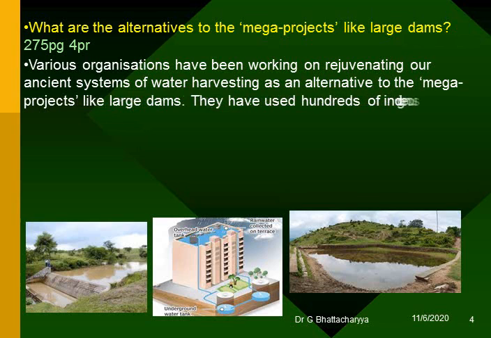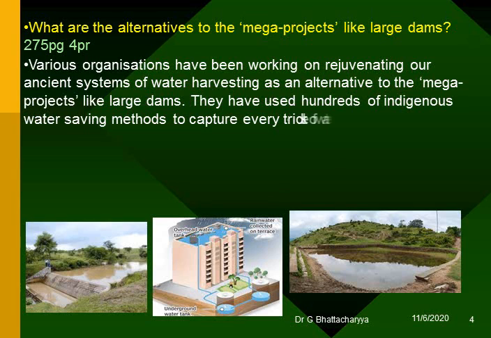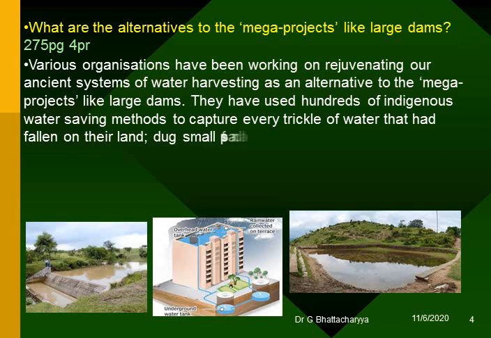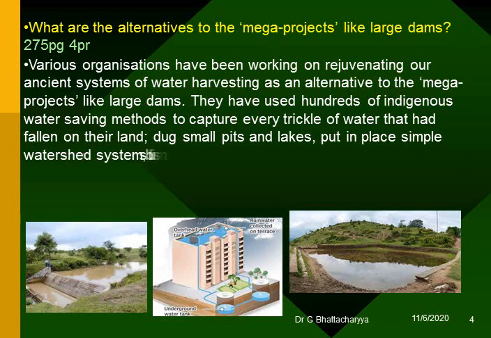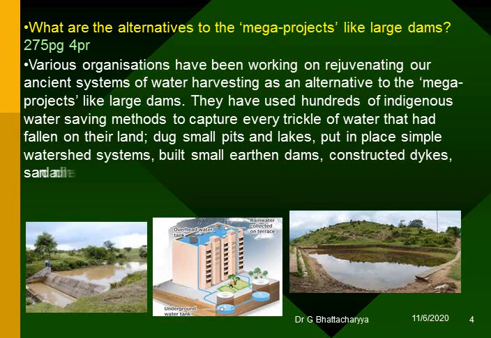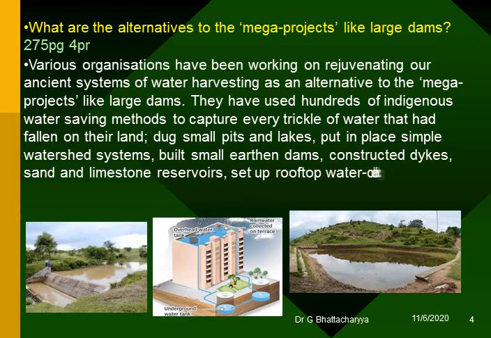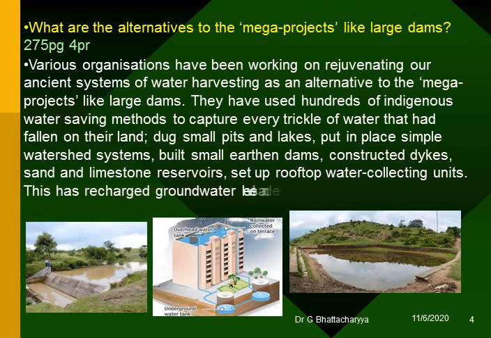They have used hundreds of indigenous water saving methods to capture every trickle of water that had fallen on their land, dug small pits and lakes, put in place simple watershed systems, built small earthen dams, constructed dikes, sand and limestone reservoirs, set up rooftop water collecting units. This has recharged groundwater levels and even brought rivers back to life.